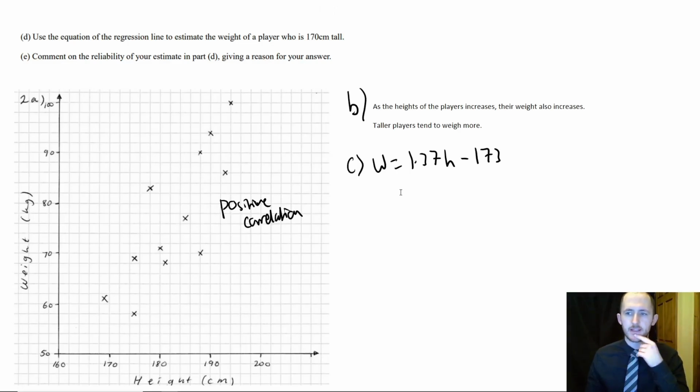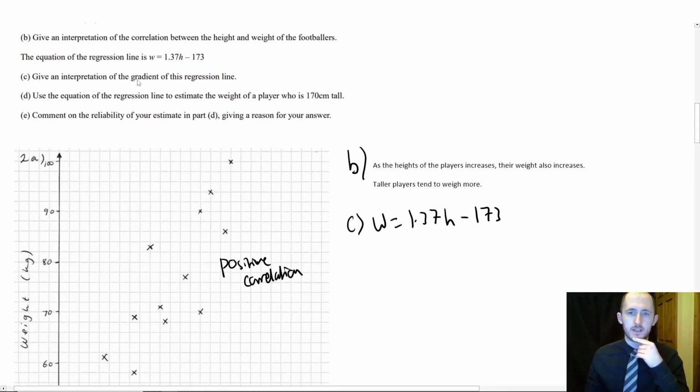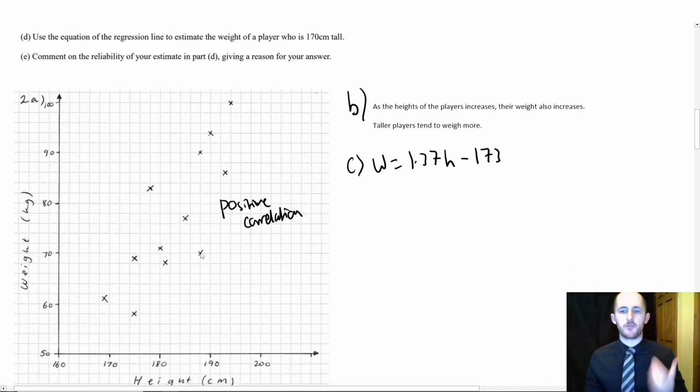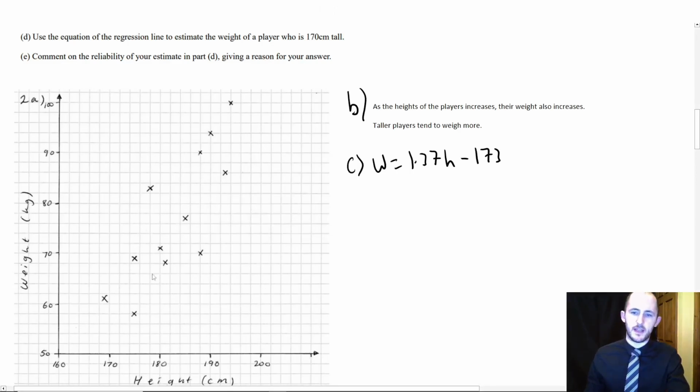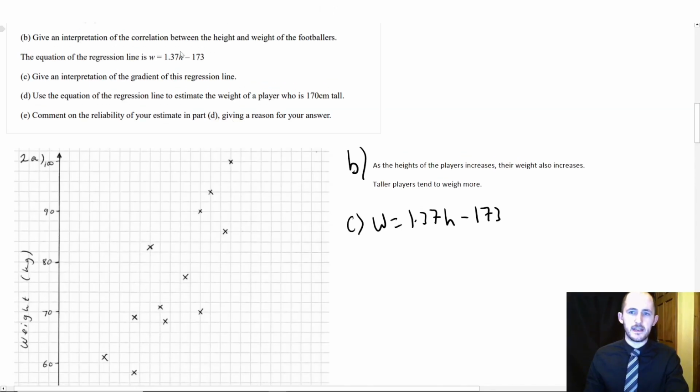Okay, perfect. So for C, give an interpretation of the gradient of the regression line. Well, think of it as just the gradient in a normal sense, right? We have this straight line going through here. All we need to do is say what the gradient represents.